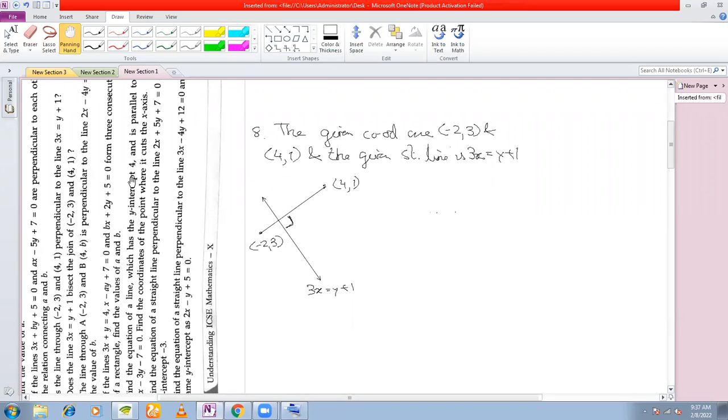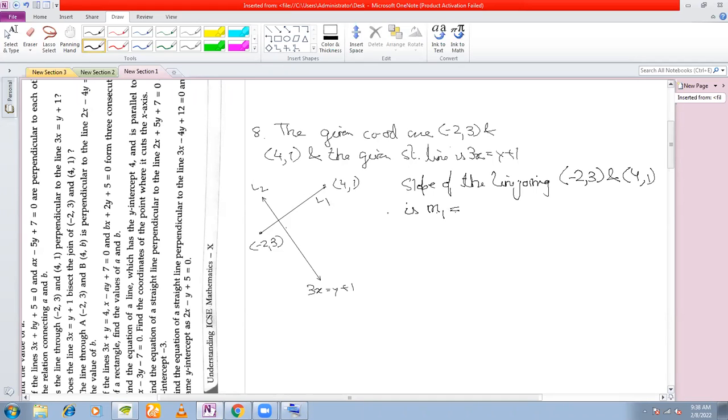Okay, but the question is how to find out, if I call this line L1 and this line L2, the slope of L1. So let me just erase this. Slope of the line joining minus 2, 3 and 4, 1 is, let's say, m1.